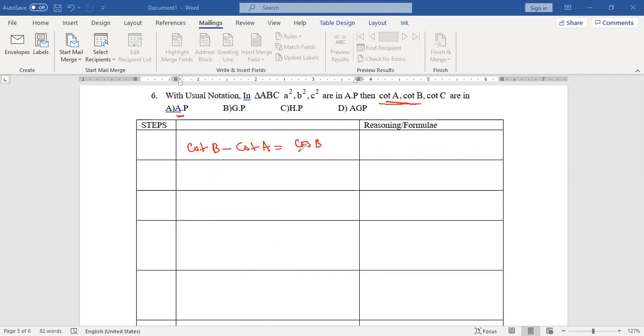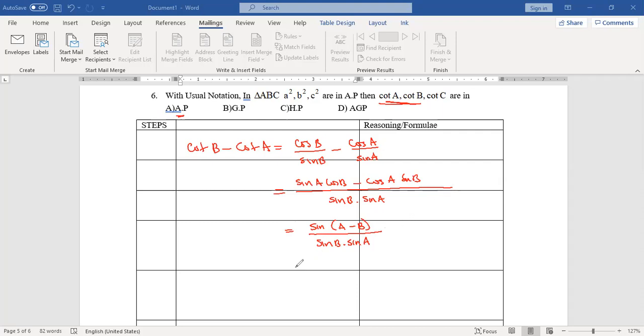It became cos B upon sin B minus cos A upon sin A. When I take the LCM, sin B into sin A, we get sin A cos B minus cos A sin B. That became sine of A minus B. All right.